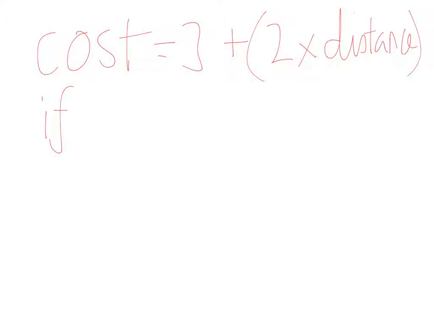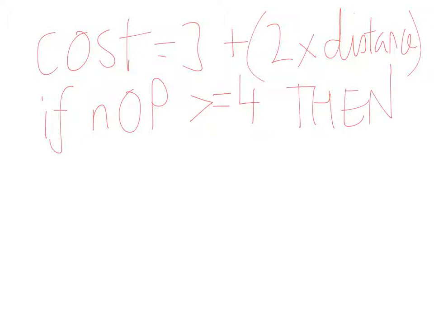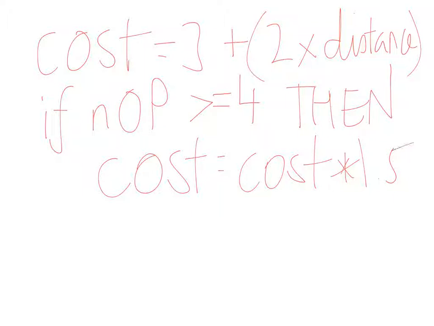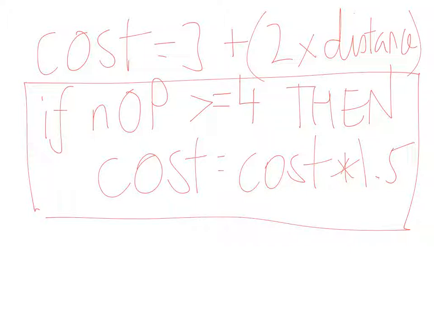However, if the number of people in the taxi is greater than or equal to 4, we've got to be careful, it says 4 or more, then, remembering again we don't have to write code here, we set the cost equal to the cost times 1.5, which will increase it by 50%. There are lots of different ways you can do this, but multiplying by 1.5 adds on the 50% charge, so that's a process step.